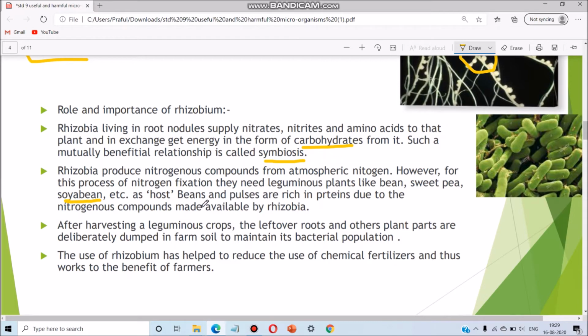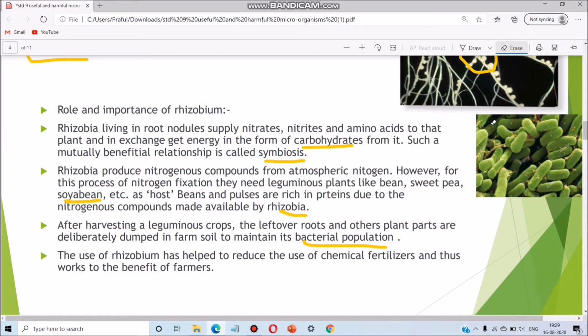Beans and pulses are rich in protein due to the nitrogenous compounds made available by rhizobia. After harvesting the leguminous crops, the leftover roots and other plant parts are deliberately dumped in the farm soil to maintain its bacterial population, so they can provide all types of nitrates, nitrites and amino acids to the soil.